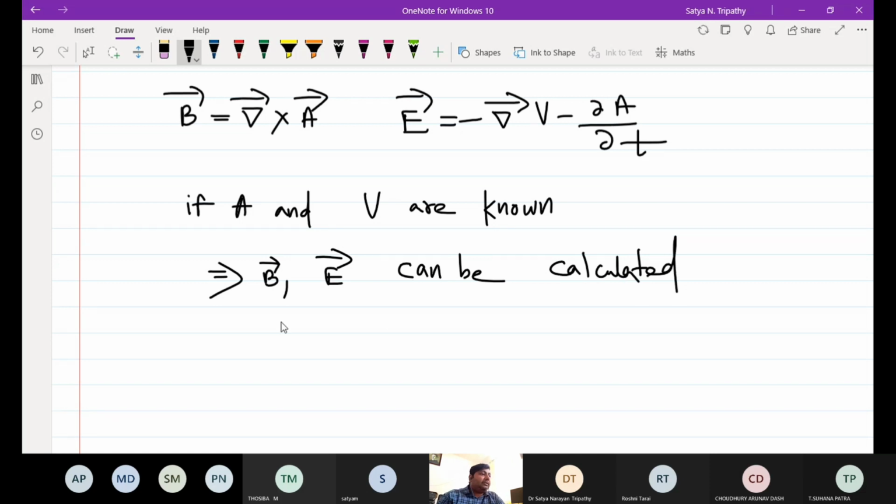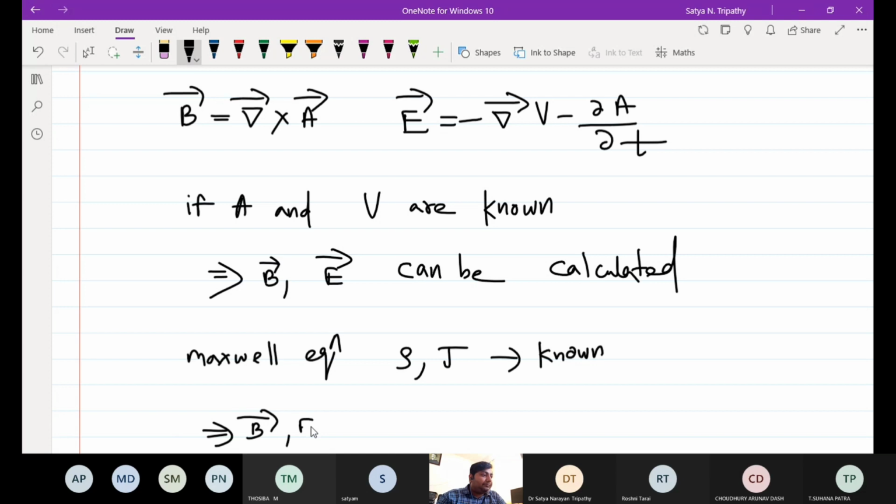Previously, in Maxwell's equations, rho and J were known and B and E calculated. The main basic thing is that in Maxwell's equations we have 4 equations but 6 unknowns. That's why it was difficult to calculate, but now we have reduced that problem.